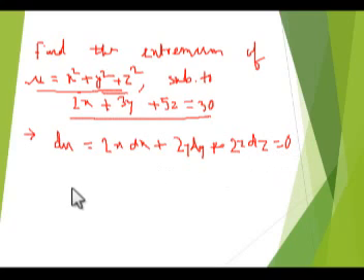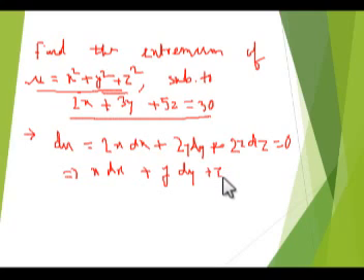If it is 0, then we can take 2 in common, so x dx plus y dy plus z dz is equal to 0. I am calling this equation number 1.